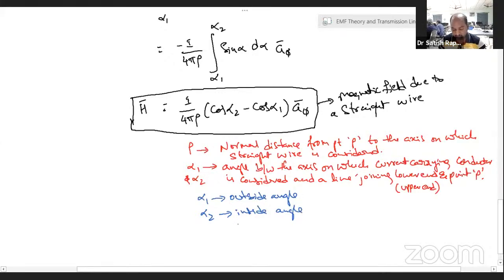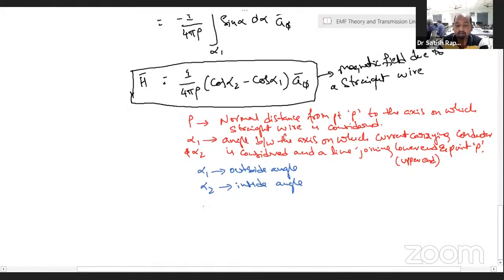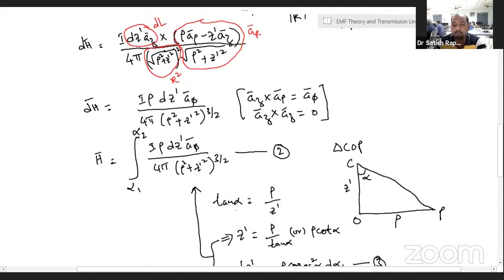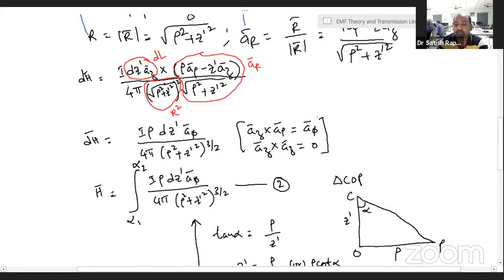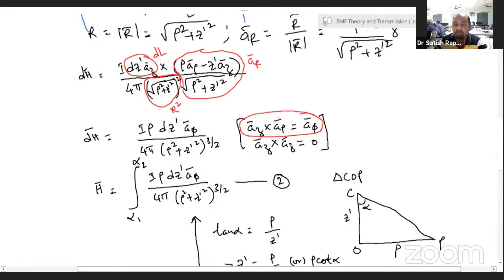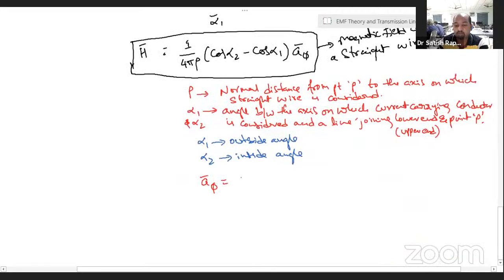And now a pi bar, right? So what is a pi bar? A pi bar is equal to az bar cross arrow bar, right?